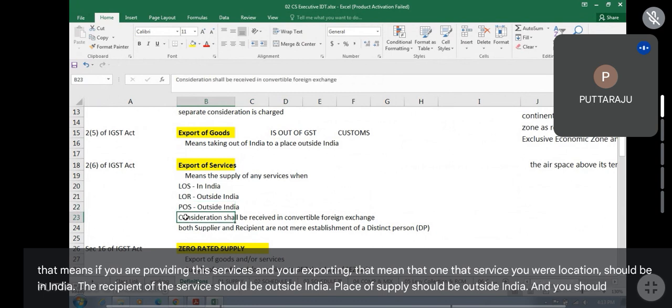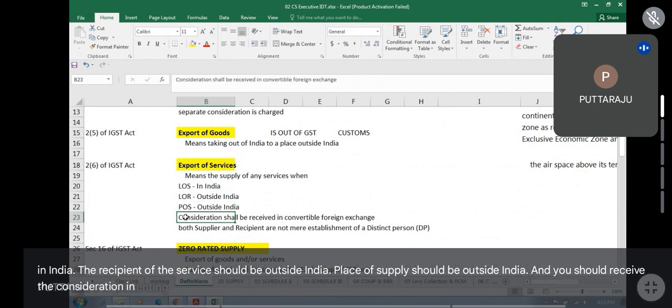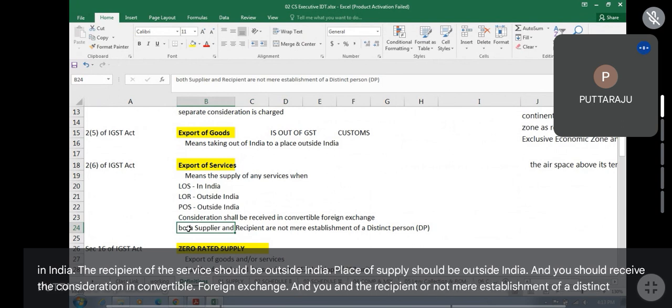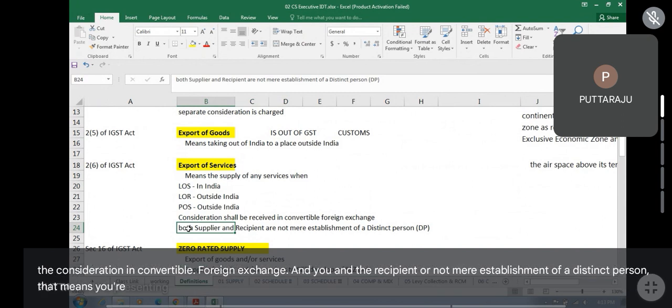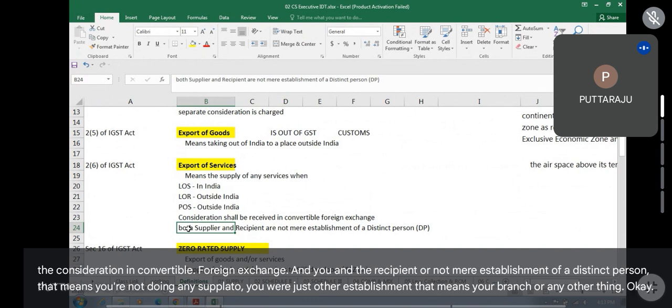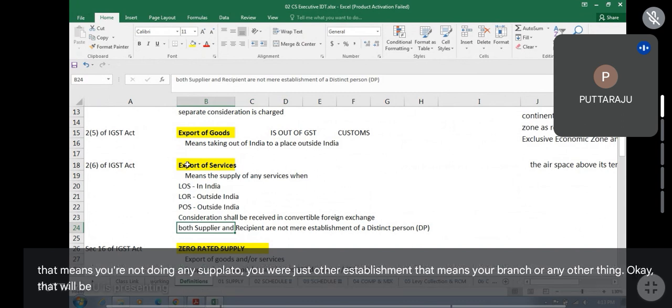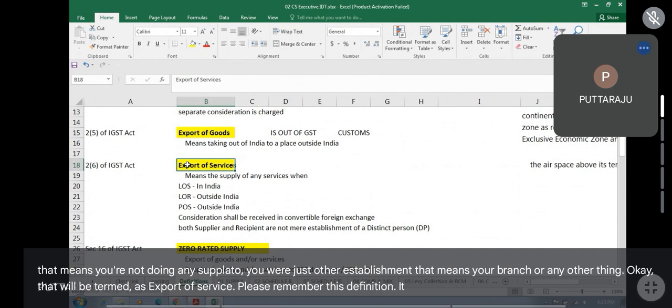And you should receive the consideration in convertible foreign exchange. And you and the recipient are not merely establishments of a distinct person. That means you are not doing any supply to your other establishment, your branch or any other thing. Okay, that will be termed as export of service. Please remember this definition. It is very important.